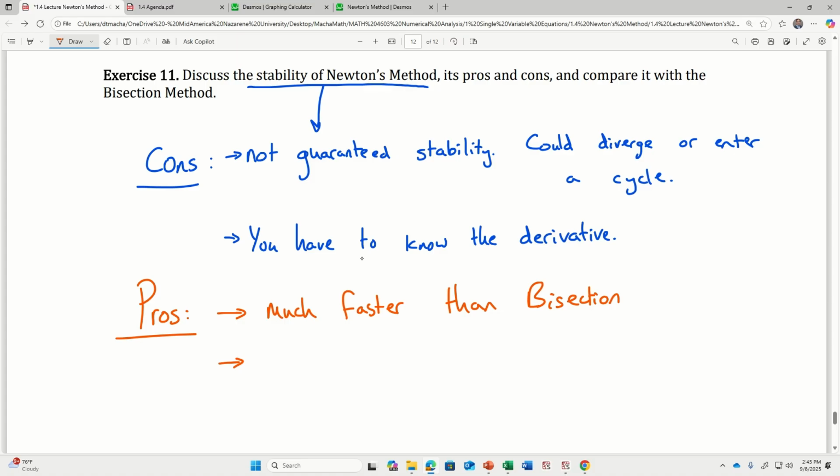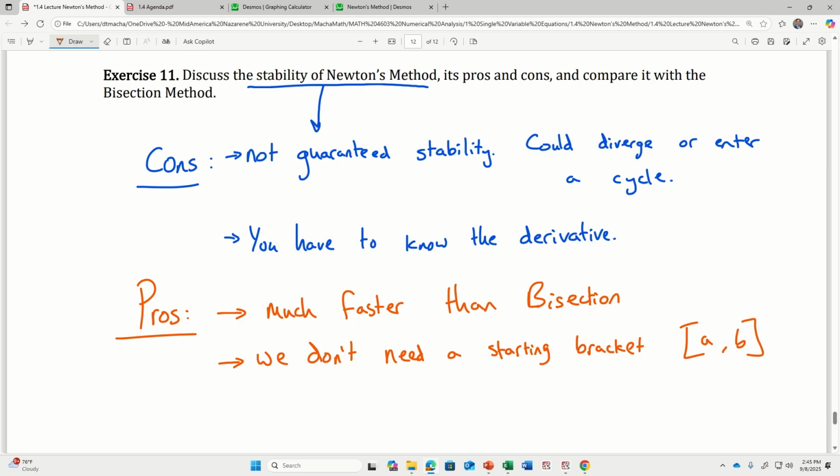Another pro for Newton's method is we don't need a starting bracket. The way that bisection method needed some bracket to start in.